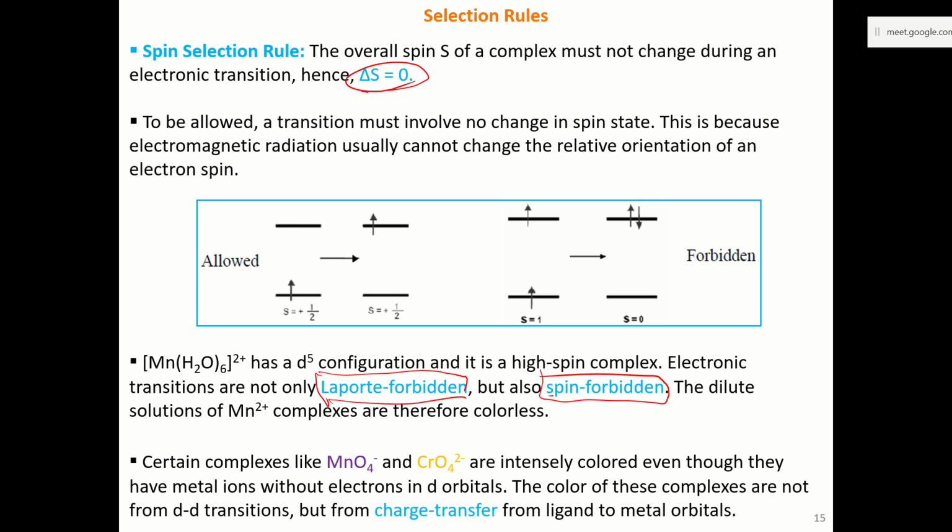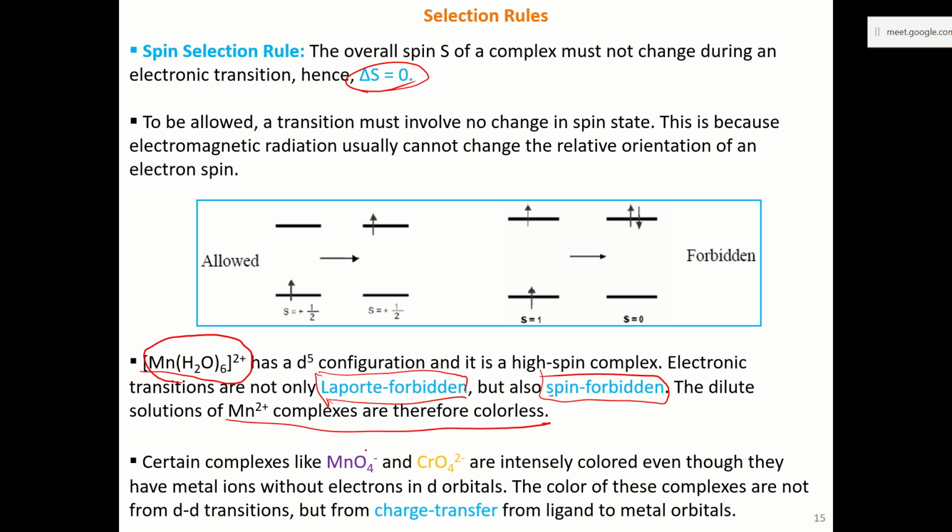So that's what we find when you dissolve manganese sulfate, Mn2 plus. This is colorless because the transitions are forbidden by the first selection rule, and by the second consideration, the spin of the electron. Because of these two reasons, these are forbidden transitions.